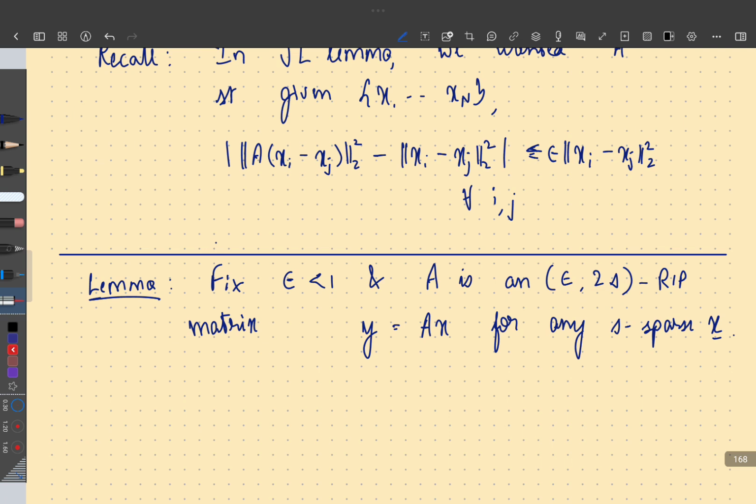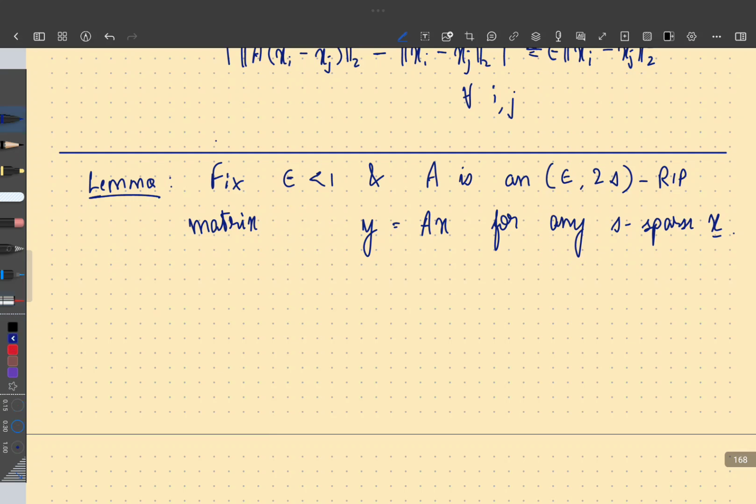The question now, what I want to say is that from y equal to A times x, it is possible to recover x exactly, uniquely. And this can also be solved using an optimization problem.